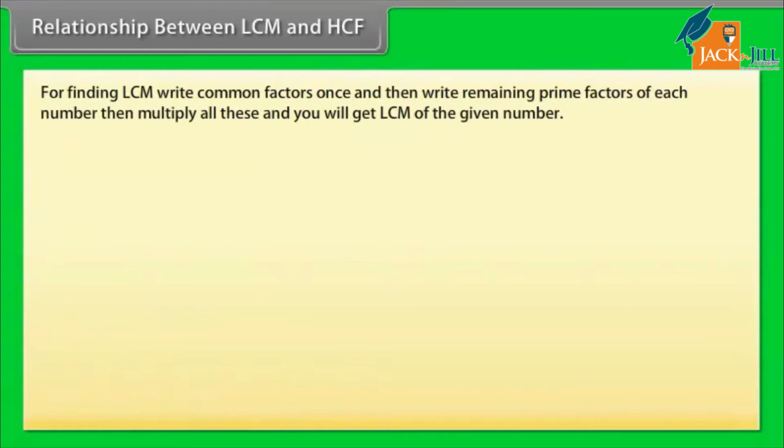For finding the LCM, write the common factors once and then write the remaining prime factors of each number. Then multiply all these and you will get the LCM of the given numbers. 510 is equal to 2 into 3 into 5 into 17. 276 is equal to 2 into 2 into 3 into 23.